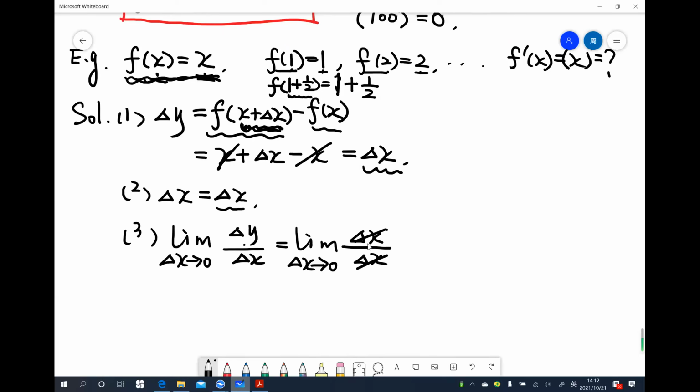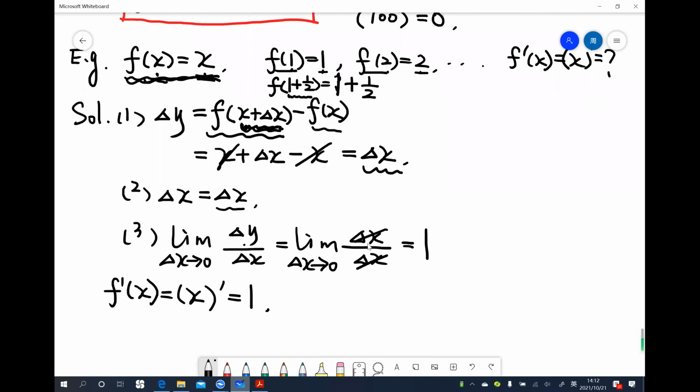So delta x can be cancelled. The limit equals 1, right? So here we have the conclusion that the derivative of the function f, or we can write x prime, equals 1. x prime equals 1.